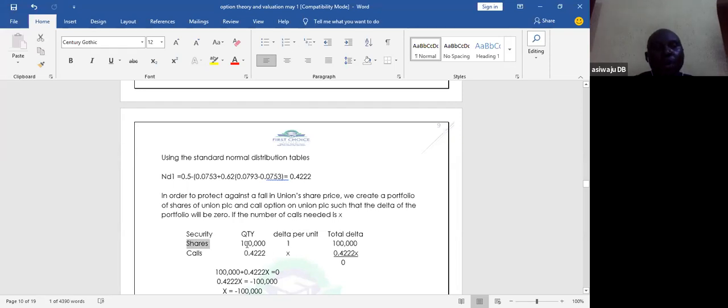We have 100,000 shares in this company. The delta of a share is constant, it is always 1. You multiply the quantity by delta. This will give you 100,000 for shares.